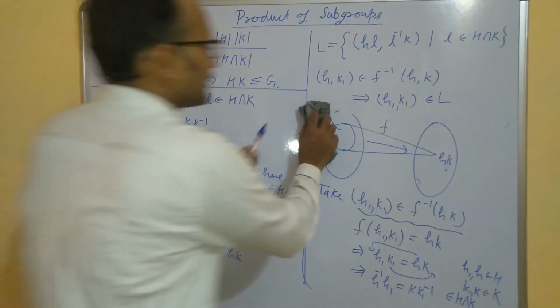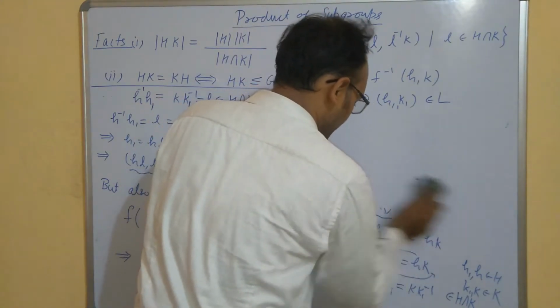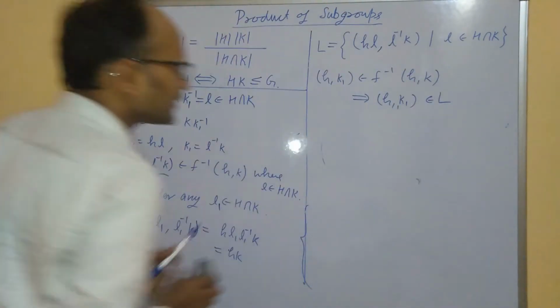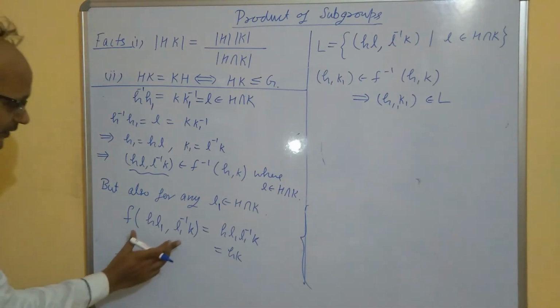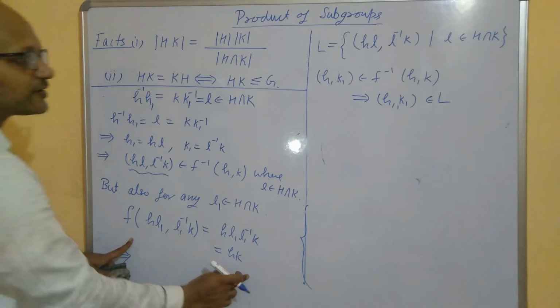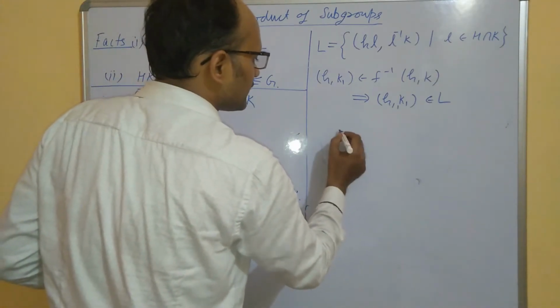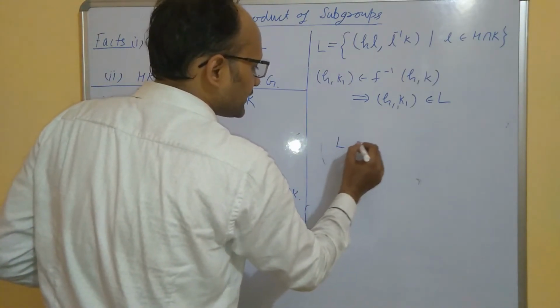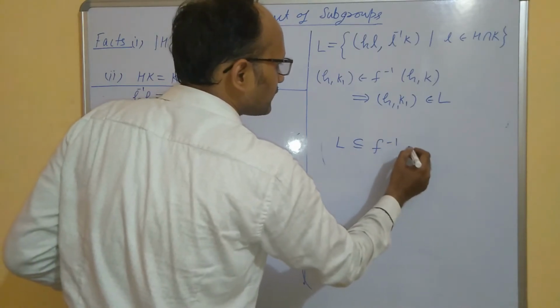So this h1 k1 belongs to L. But the fact is that the image of any element of this set is hk. So the fact is that L is contained in F inverse of hk.